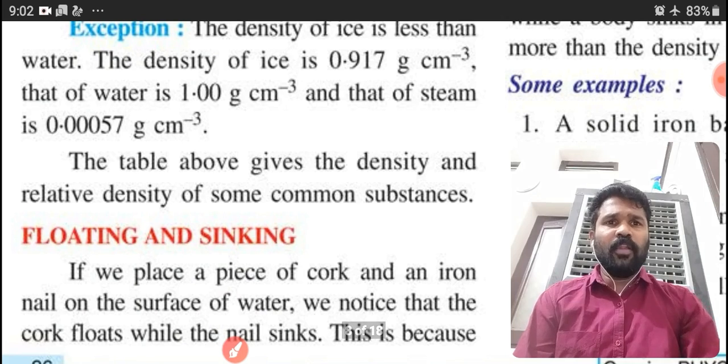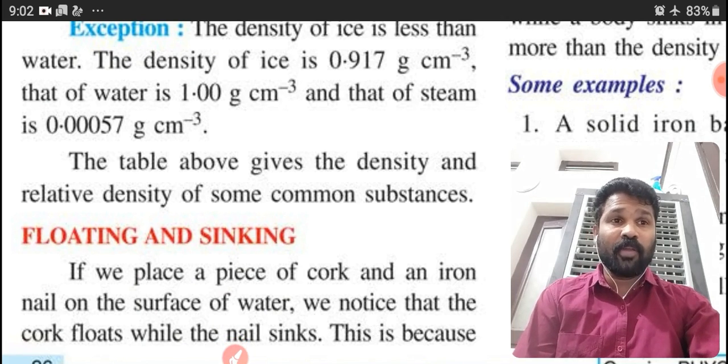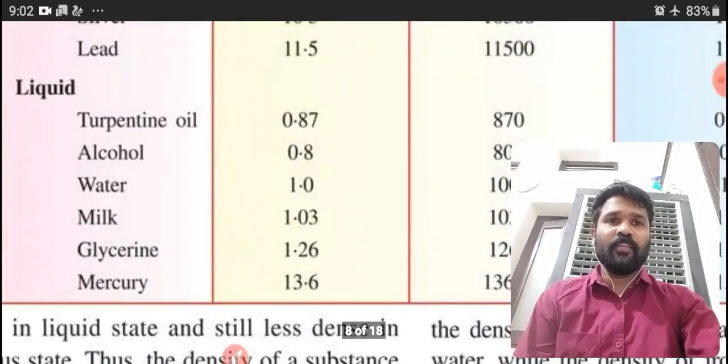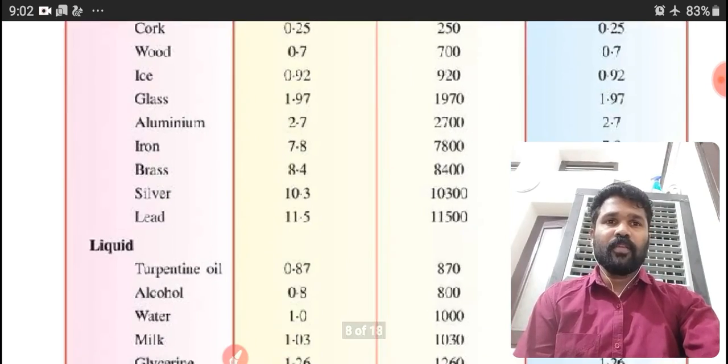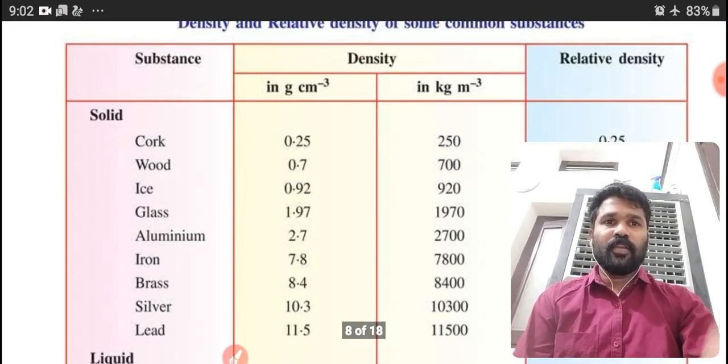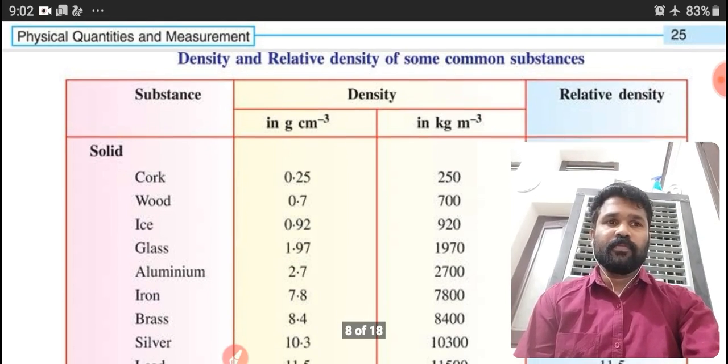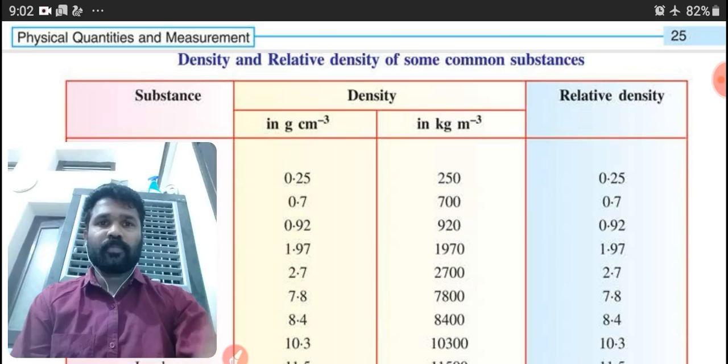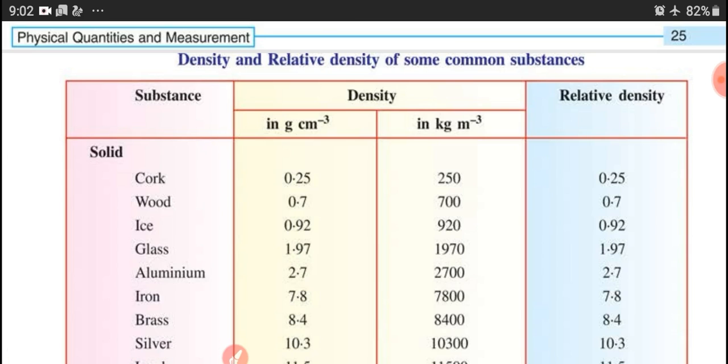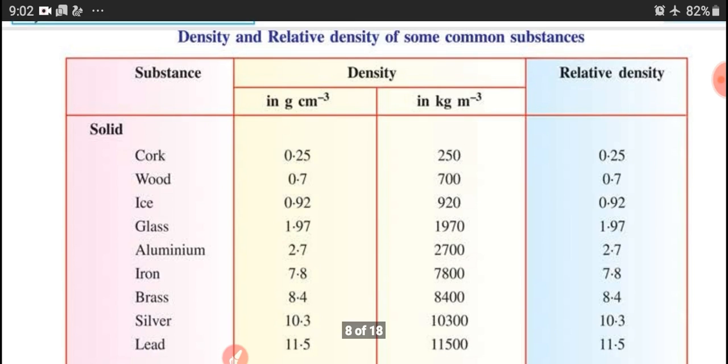The table above also gives the density and relative density of some common substances. You please observe it. Here is our table: density and relative density of some common substances.